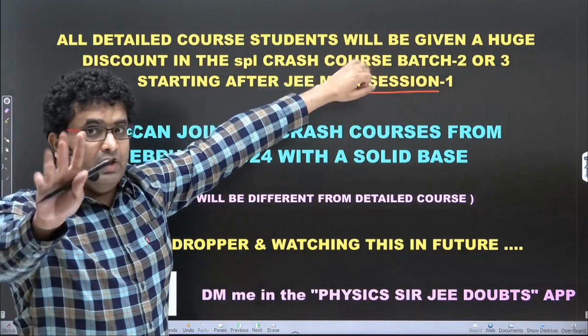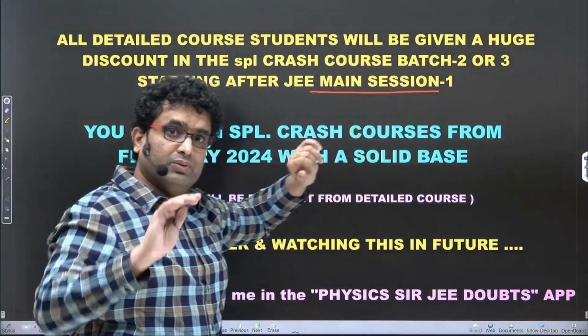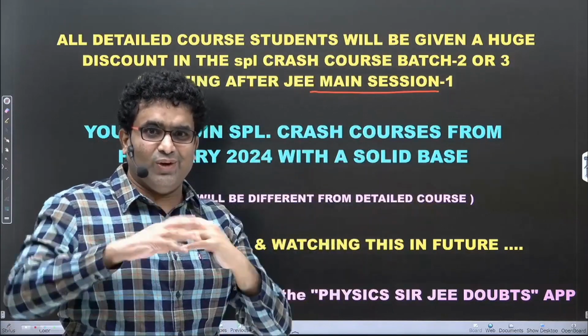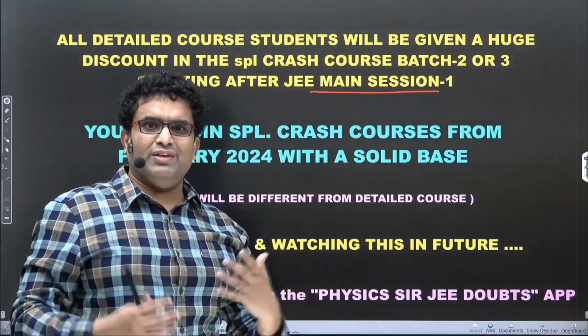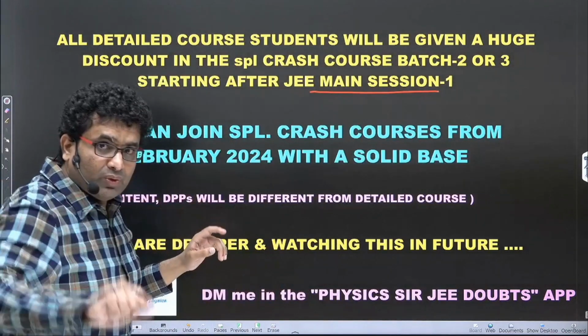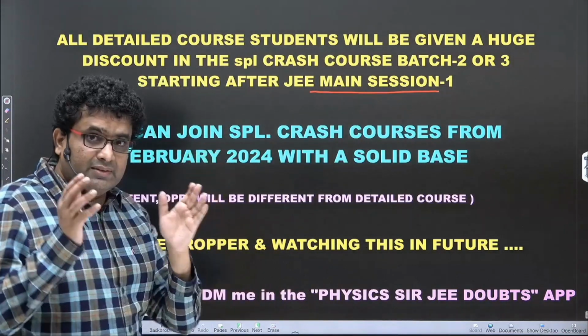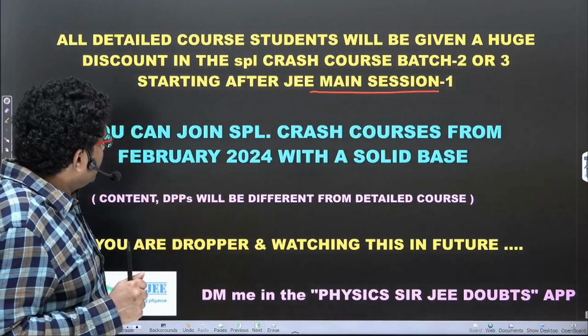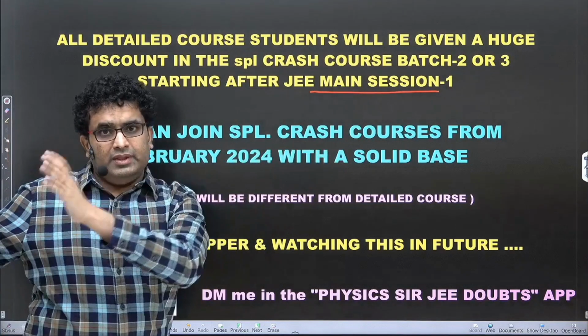And one very important thing, some of the students in our courses have taken both the detailed course and the crash course. I don't know how they find time, maybe because of the love for the problems that I keep giving. And they will be able to vouch that the content, the DPPs and the lectures especially, the DPPs are completely different from the detailed course to the crash course.